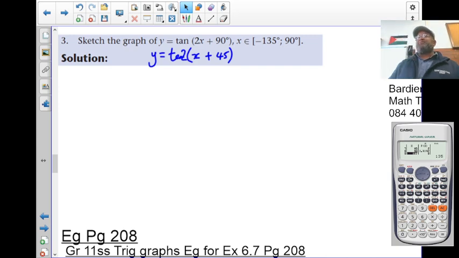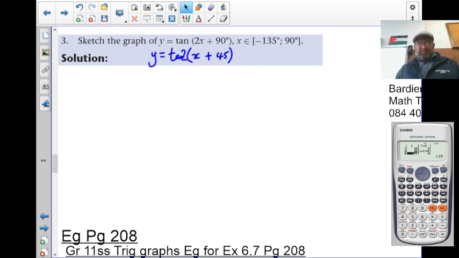Negative 157.5. Yes, you're right. Did you say 90 plus 22.5? Okay, this is again just the axis there. So we're going to be in 22.5 steps.